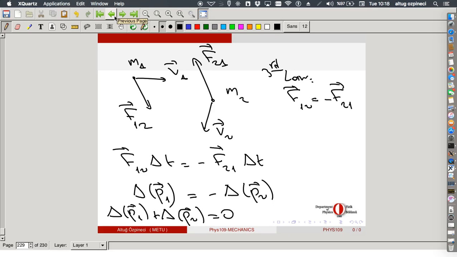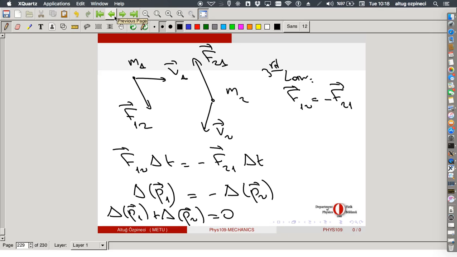In a sense, this is more general than the conservation of mechanical energy, because to discuss the conservation of mechanical energy, we have to first classify the forces. We said we have conservative forces and non-conservative forces, and only if we have conservative forces and don't have any non-conservative forces, then the mechanical energy is conserved. Here, the only assumption we make in the conservation of momentum is that Newton's third law should be valid.